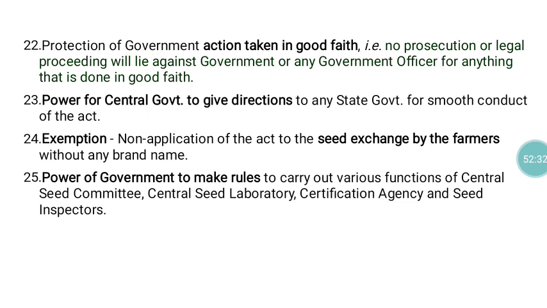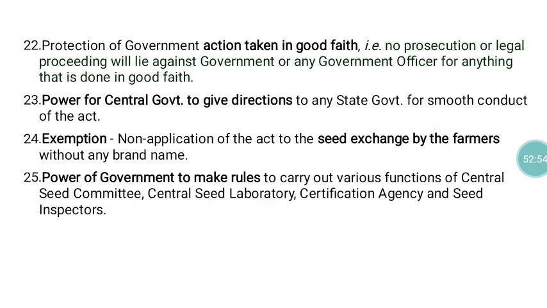Then Section 23 is the power given to the central government to give directions to the state governments for smooth conduct of this act. Section 24 is also very important.